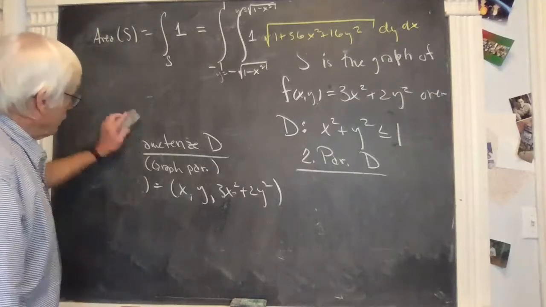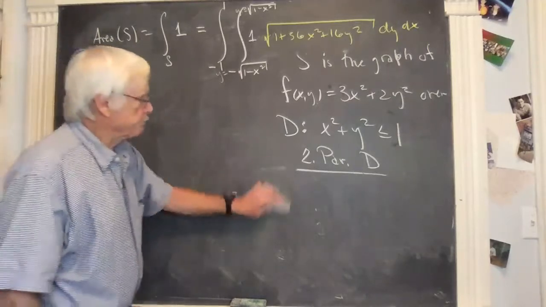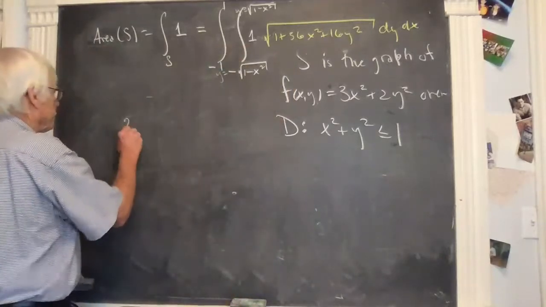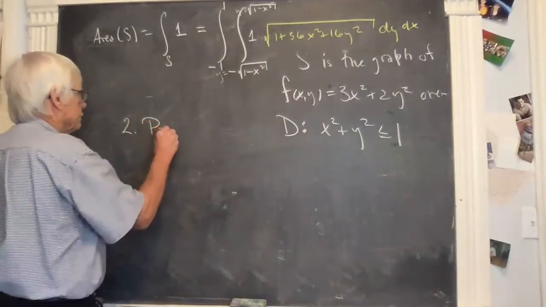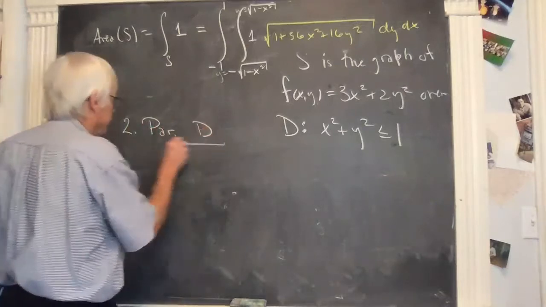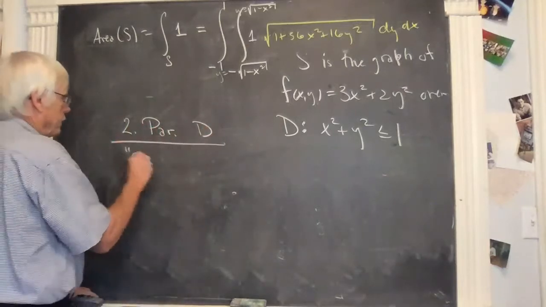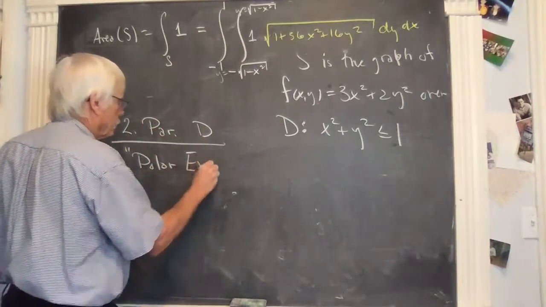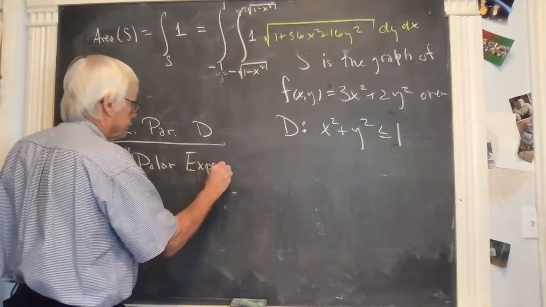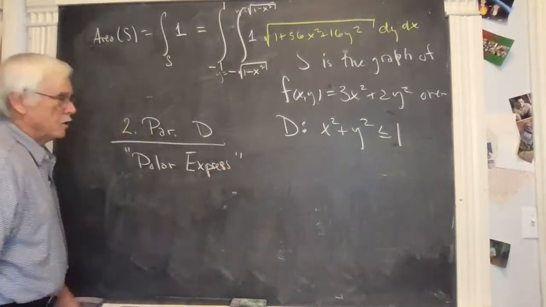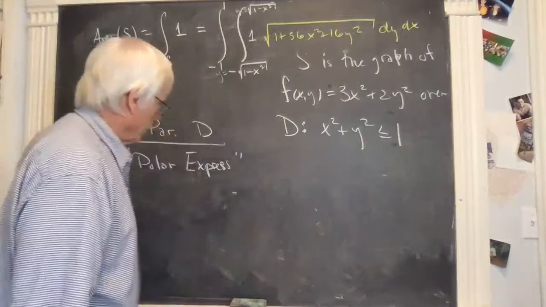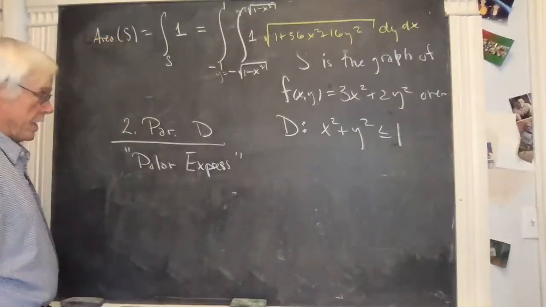On the other hand, there's a second way to do it, and this is the second parameterization. This one is set up to use polar. This is well established using polar coordinates, and I'll try to show you the advantages.